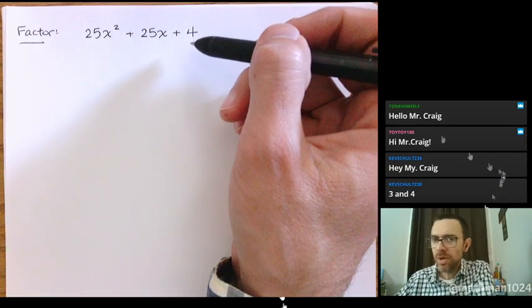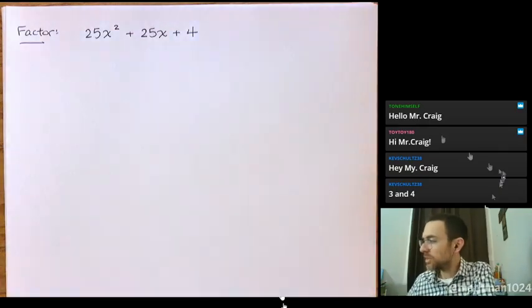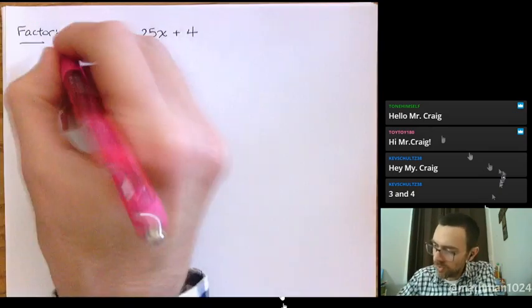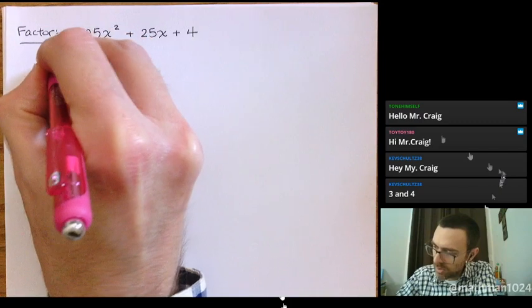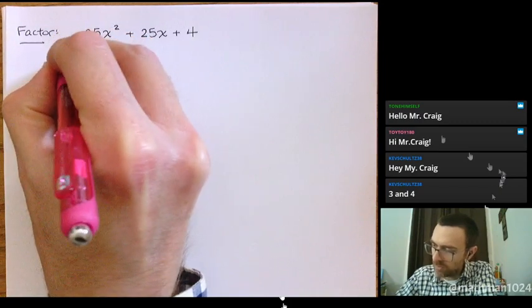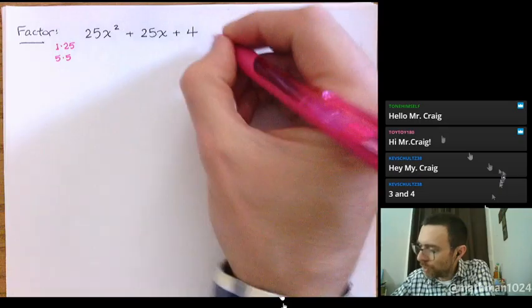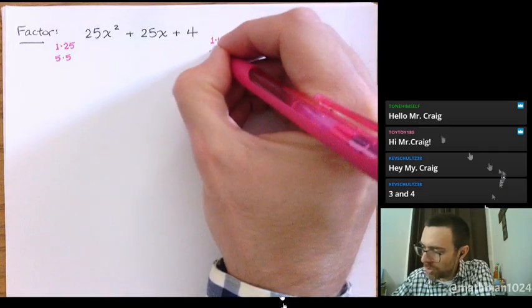Let's look at those factor pairs and see if we can come up with some kind of logic that's going to help us out. So 25 could factor as 1 times 25 or 5 times 5. 4 can be 1 and 4, or it can be 2 and 2.